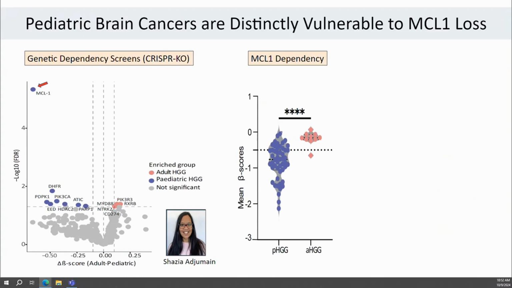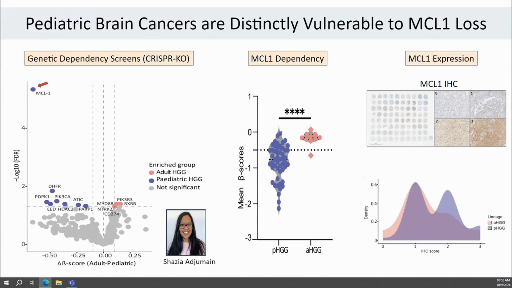And you can see in the plot on the right that MCL1 is an important vulnerability in the majority of pediatric high-grade gliomas, but not in adult. And this is not related to MCL1 expression itself. We looked at both RNA as well as protein levels of MCL1. And overall, MCL1 is equivalently expressed in both pediatric and adult glioma.